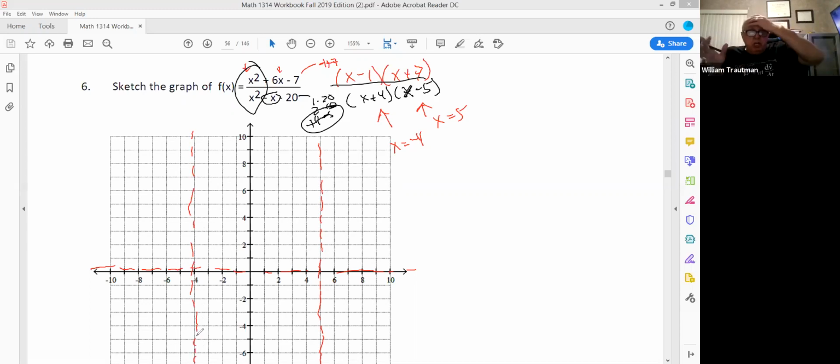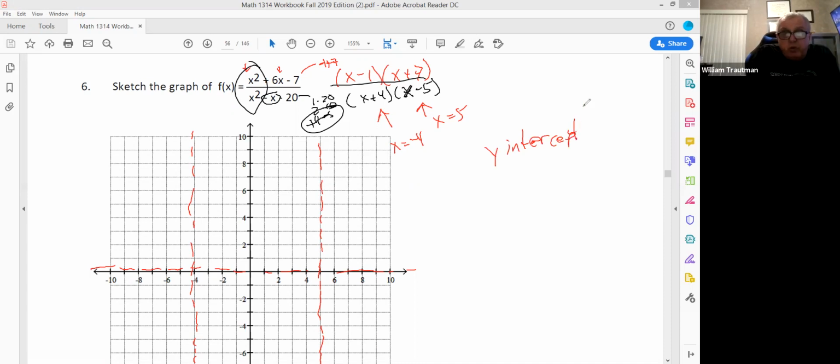This isn't really important, just to be able to draw those asymptotes, because you can usually tell which graph it is from the asymptotes. Now we just need a whole bunch of test points to figure out where this graph is. It doesn't tell us anything. Oh, it does tell us something. The Y-intercept.